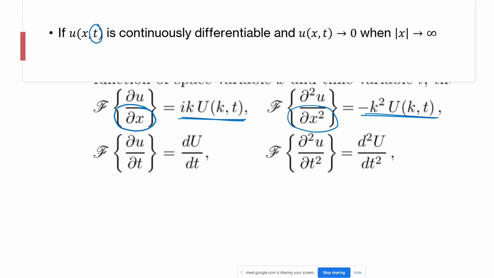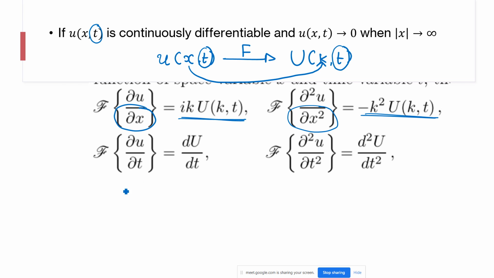After applying Fourier, this is converted to u of k, t. So my variable x is converted to variable k, and t stays as it is, untouched. So whenever you take a derivative with respect to t, that derivative comes outside of the integration and the partial derivative becomes an ordinary derivative. This is the same property, but in terms of partial derivatives.